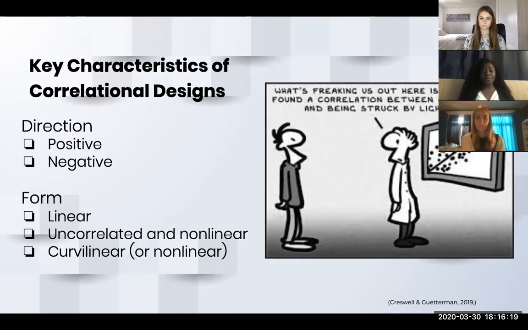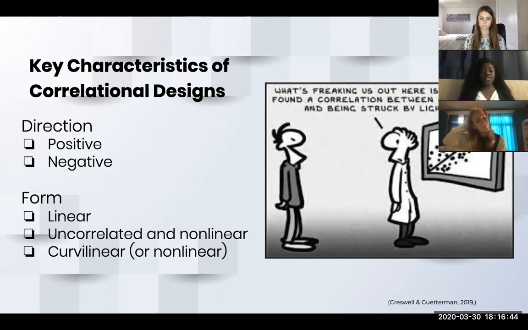So for example, as one variable increases, so does the other increase, or vice versa. The other relationship is that of a negative relationship, and this is where variables move in opposite directions. So for example, as one variable increases, the other variable decreases, or vice versa.